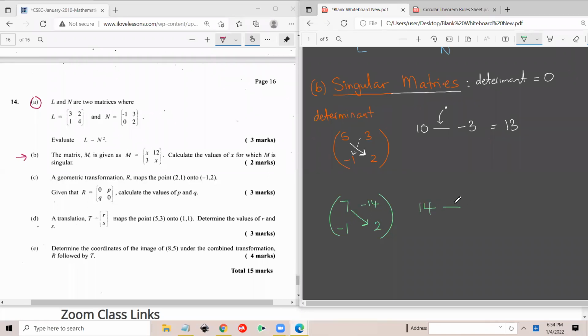We must put a minus sign after. That's part of the formula. And then we multiply the other diagonal. Minus 14 multiplied by minus 1 is positive 14. But when a positive and a minus meet, you're going to get a minus anyway. So the answer is 0. So yes, this is a singular matrix.